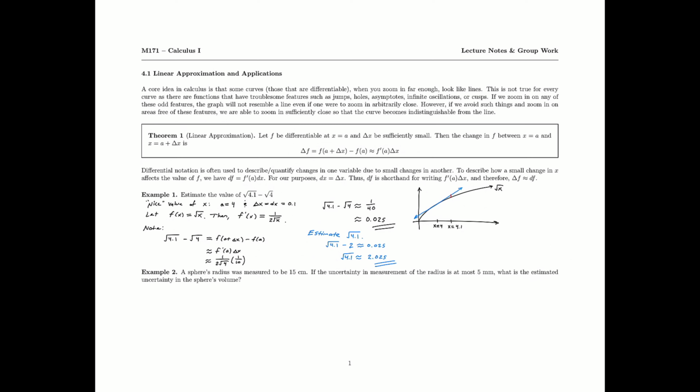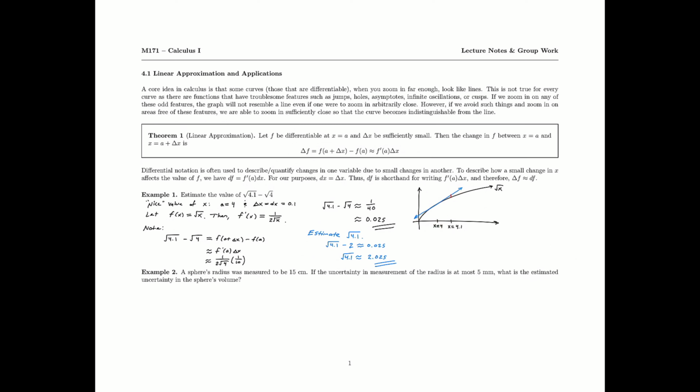So what we did for linearization was we essentially estimated the value of the square root of 4.1 by plugging this value into the tangent line, forming the tangent line at x equals 4, the nice value.